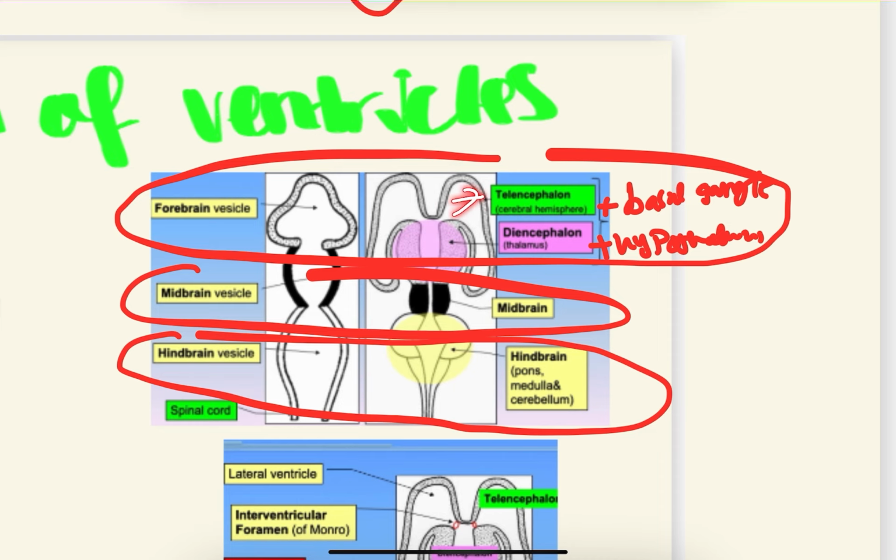The telencephalon gives me the cerebral hemisphere plus the basal ganglia, whereas the diencephalon gives me the thalamus plus the hypothalamus. The midbrain stays the same. The only thing that we mentioned in the previous video is that it thickens, and the hindbrain gives me the pons, the medulla, and the cerebellum.